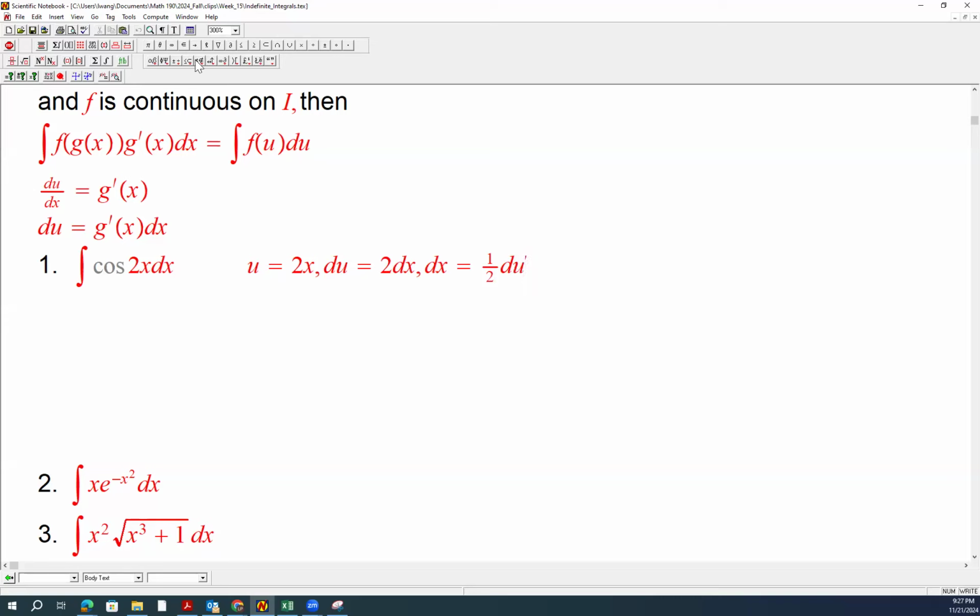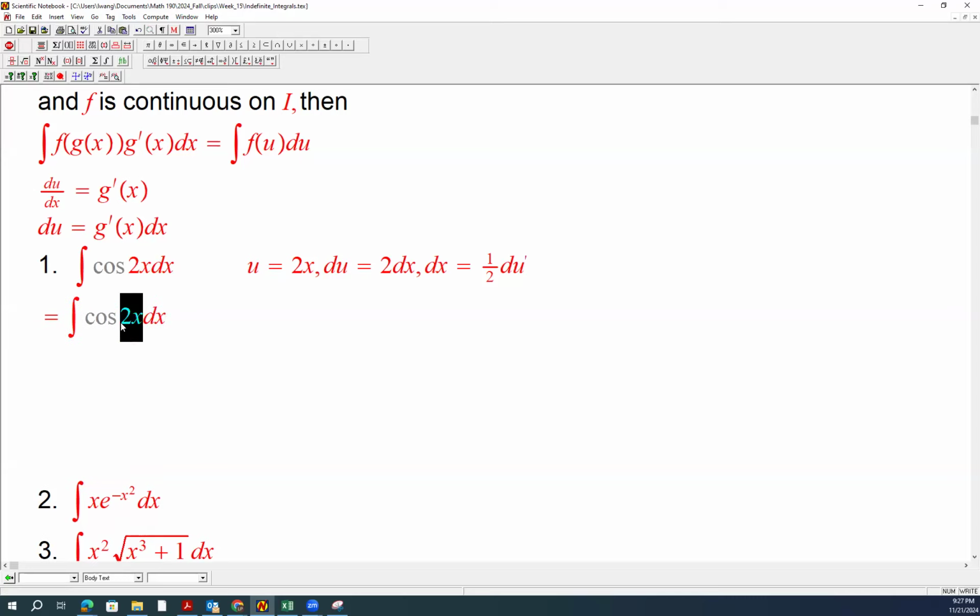Okay, so by this time, we can carry out the substitution. The integration sign will come, and we'll get cosine u, and dx will be substituted by its equal, half of du.